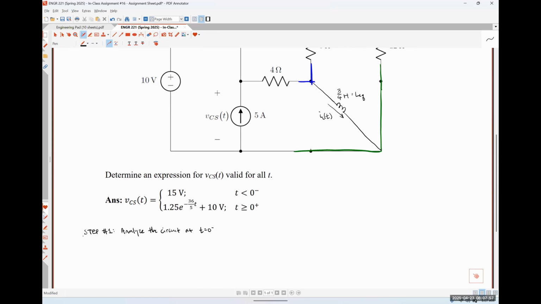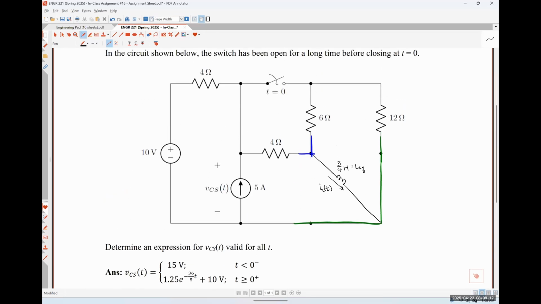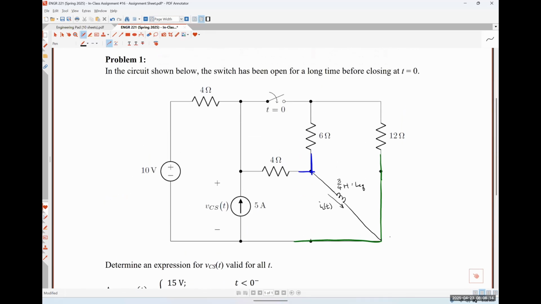Because it's been a week, I'm going to remind you all that anytime we're at t equals 0 minus, we are in a DC steady state condition, which means that our inductor is going to be treated like a short circuit. In this particular circuit, our switch is open before closing, which means that at t equals 0 minus, we are going to treat our switch as if it were an open circuit.